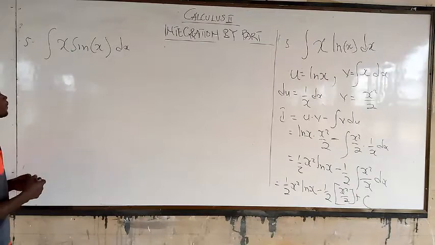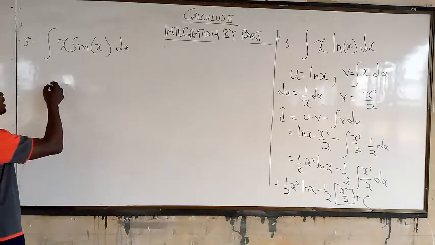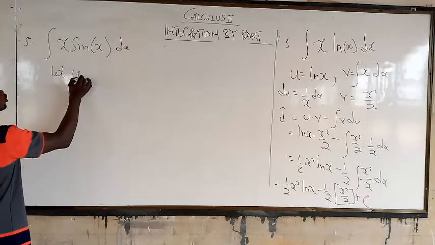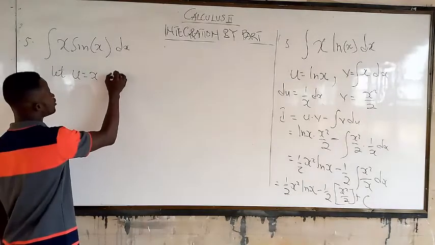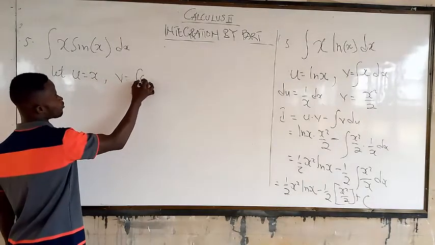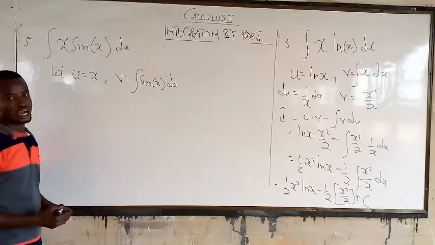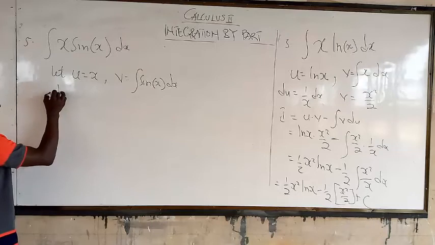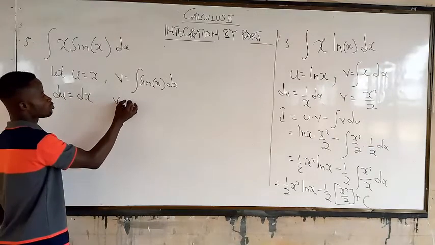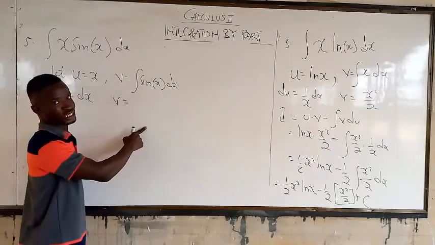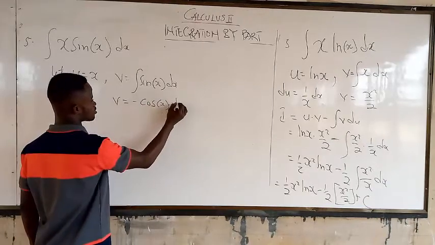In the same way, here you can let u be equal to s, then v be equal to the integral of sine s ds. I hope it's clear. So du will be equal to ds, then v will be the integral of sine, you get negative cos s.